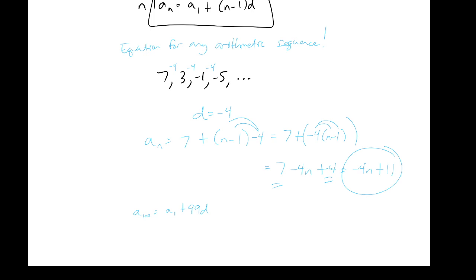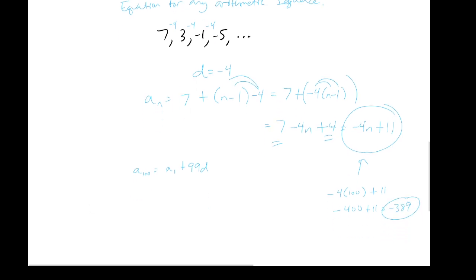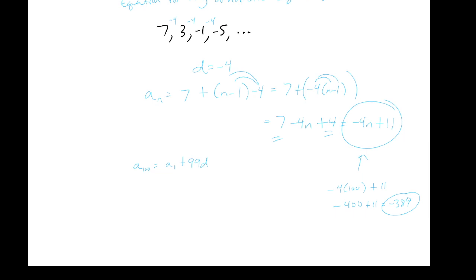So instead, to figure out the 100th term, all we have to do is plug in 100 for n, which is going to be negative 400 plus 11, which winds up being negative 389. So I didn't have to count up at all. And this would work for any term in the sequence.